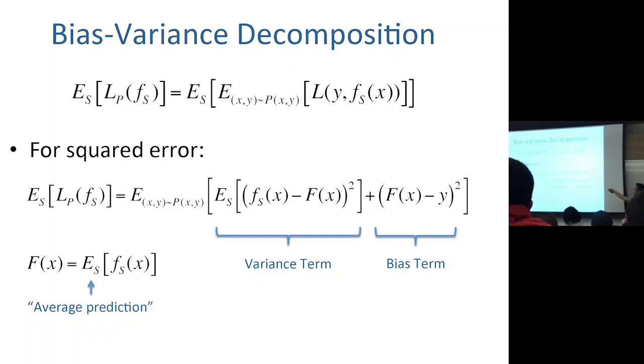This term is called the bias term, which is the difference between the average prediction over all the models in a model class, over the randomness of the training set, relative to the ground truth target label of this test example. So this is called the bias variance decomposition of the test error of the model class.